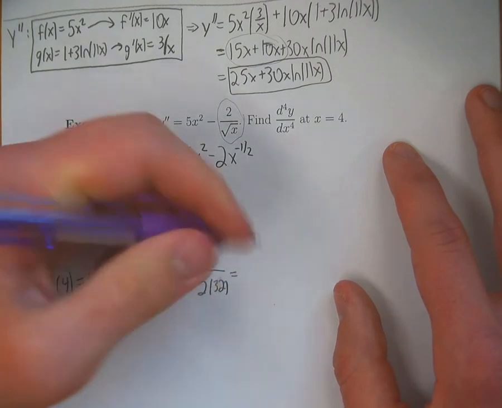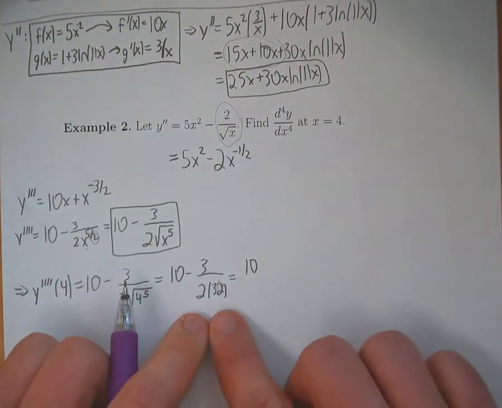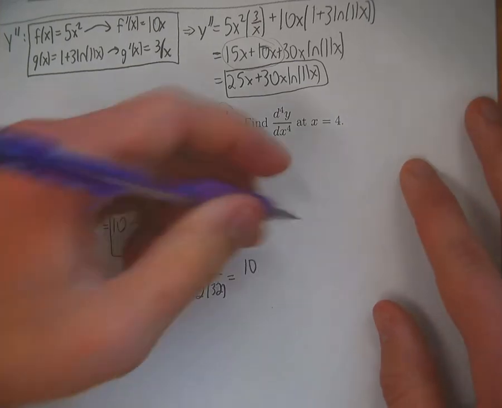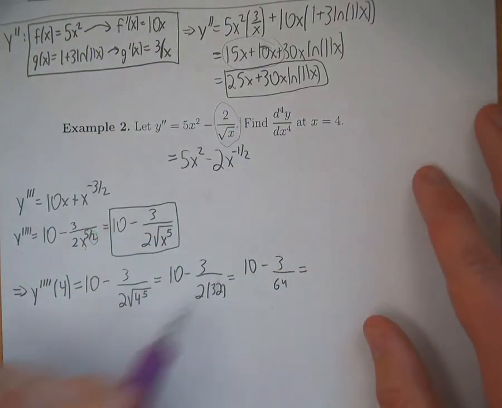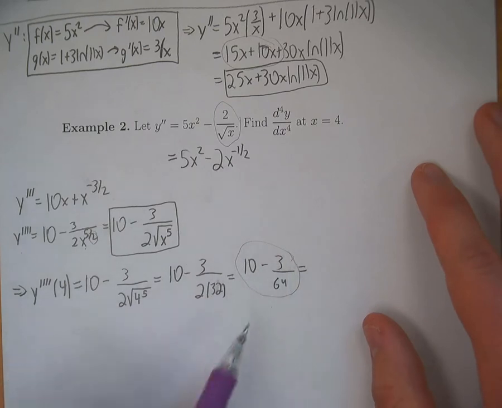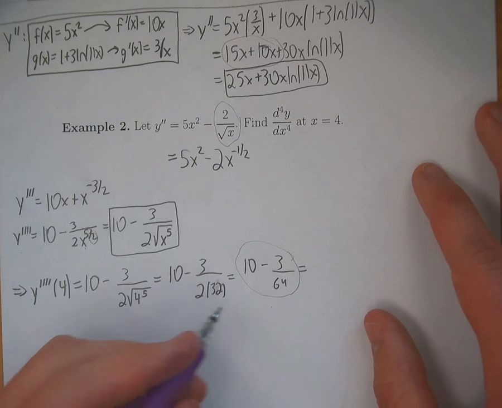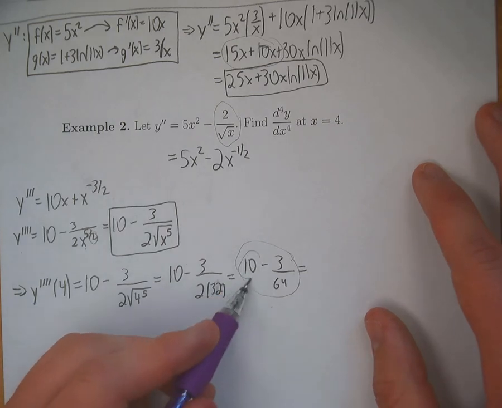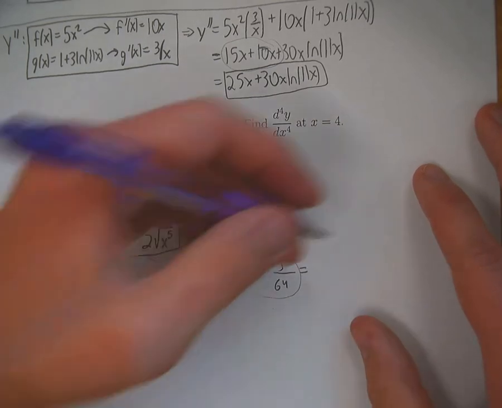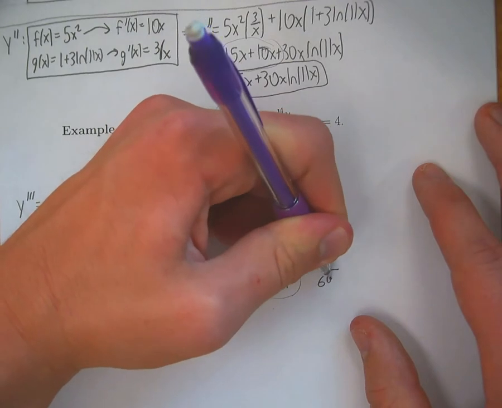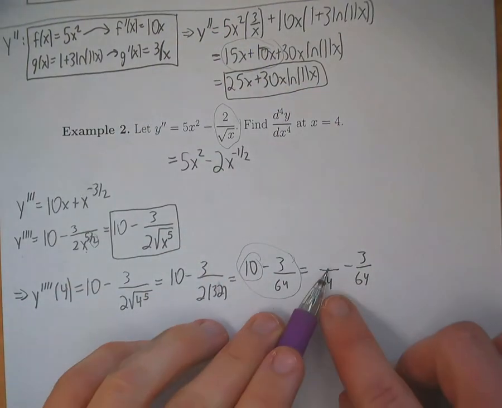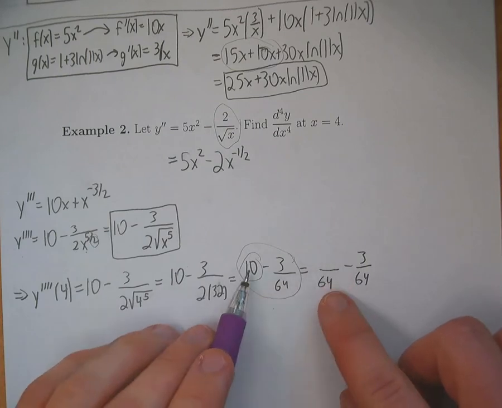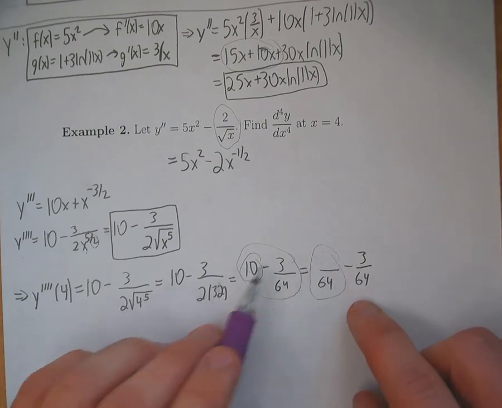Okay, so that's the same thing as saying 2 times 32, that's 64. So 3 over 64. Now in this case, again, this isn't wrong, but if we wish to combine this into one fraction, we have to make sure that we can represent 10 as something over 64. So what would that something be up here if we want this fraction to equal 10?